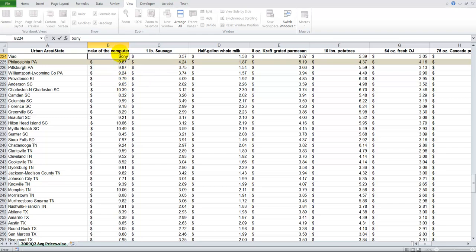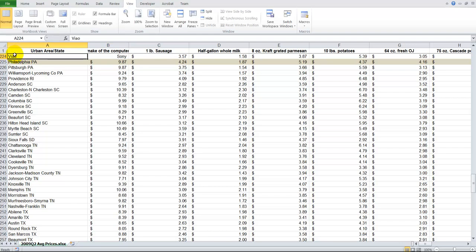So this would be the make of the computer, and these would not be numbers. This would be Sony, Dell, IBM, Toshiba, and so on. What are the other ones? Acer, Asus, like that. So that's not a number, but that's still a variable.